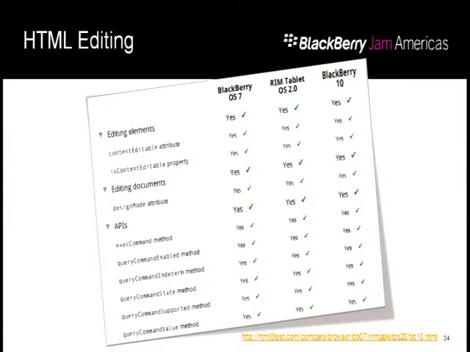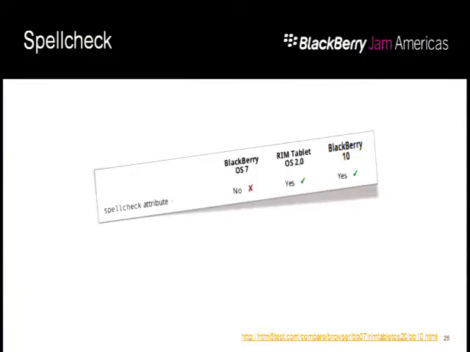And the experience is definitely much nicer on BlackBerry 10, so it integrates nicely with text selection, cut and paste, and context menus, and that kind of thing. But the API support has been there all along. Spell check, same thing. Got it into the tablet OS, but a lot of good usability type of improvements in BlackBerry 10. So the core support is there, and it's nice and usable.